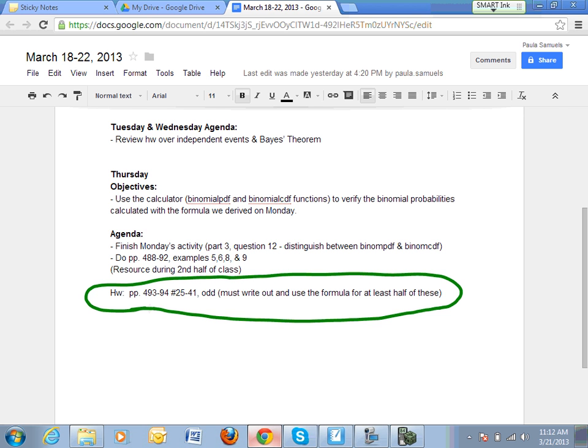If I were you, I'd pick the ones that have only one part to write out the formula, and for the ones that have multiple parts, use the calculator. But I do want you to know that formula and see how that's consistent with what we've already been doing. We've already been calculating binomial probabilities, we just didn't call them that earlier in the book. Some of these questions ask you to draw a tree diagram, and that helps you see the connections even better, I think, between this section and what we've done in the past.